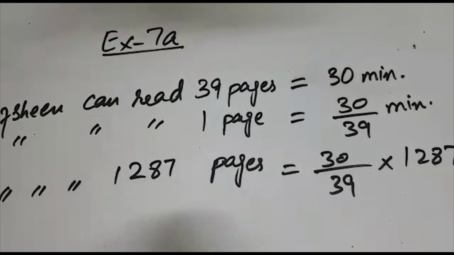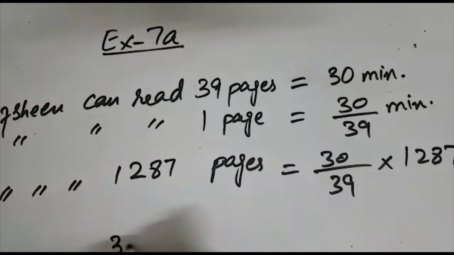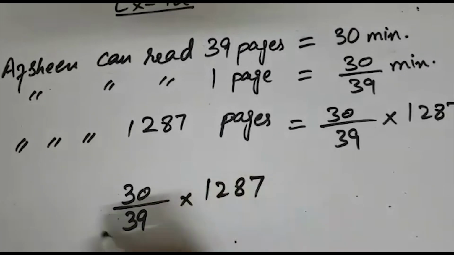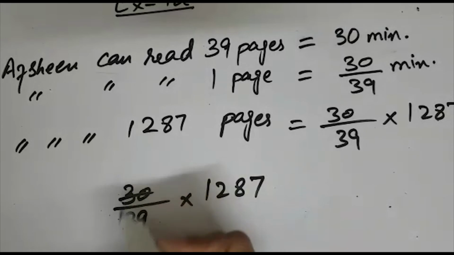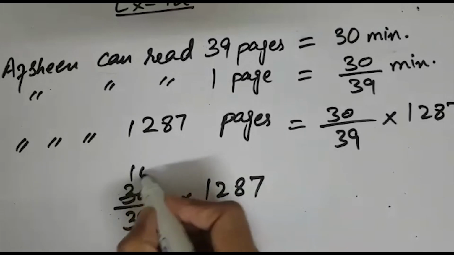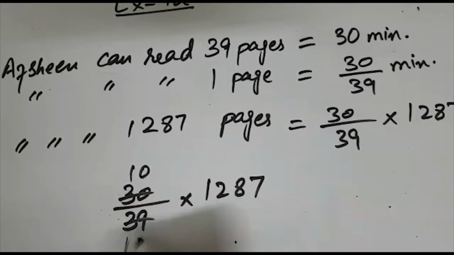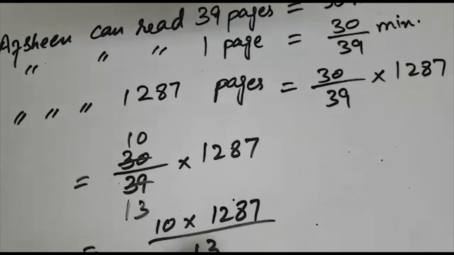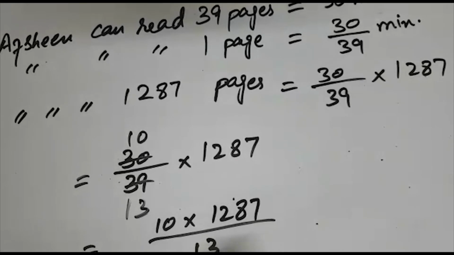So solve like 30 by 39 into 1287. So we will cut down these both quantities with the table of 3: 3 tens are 30 and 3 thirteens are 39. So simplify the question for yourself. 10 into 1287 divided by 13 gives you 12870 divided by 13.